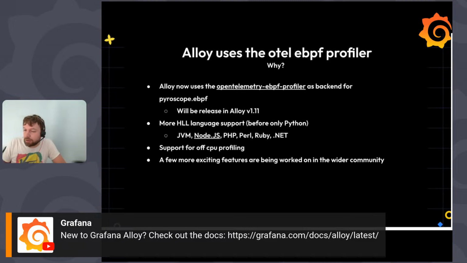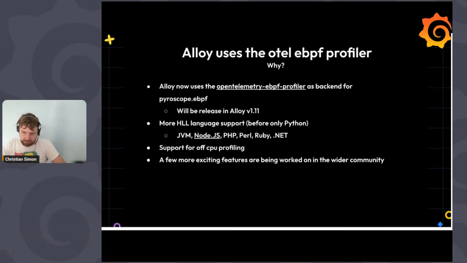You can already see that the language support in version 1.10 of Alloy was basically only Python as a high-level language. By adopting the OTel eBPF profiler, we can support the JVM, Node.js, PHP, Perl, Ruby, and .NET.